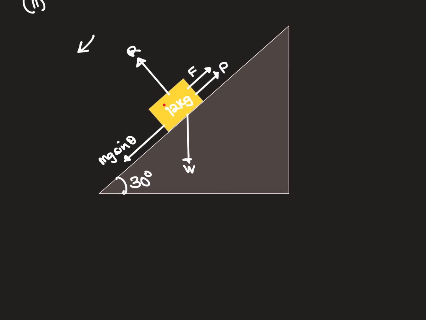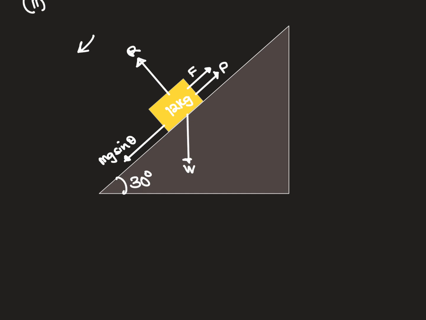We have the body of mass 12 kilograms resting on a rough plane. They want us to find the magnitude of P, that is the applied force needed to prevent the body from sliding down the plane. If the body is to slide down the plane, that is motion down the plane, it means friction has to be in the opposite direction. So friction and applied force are in the same direction.